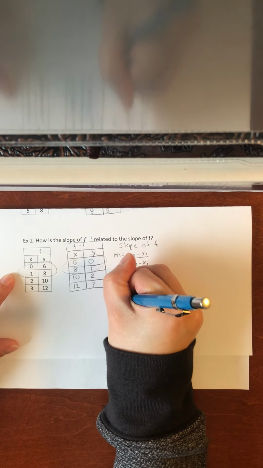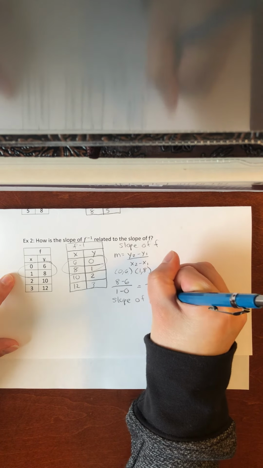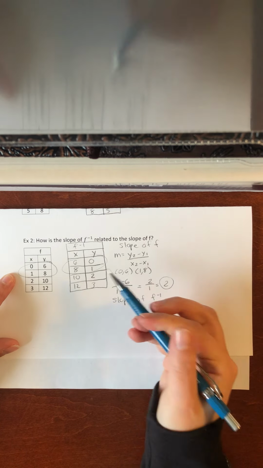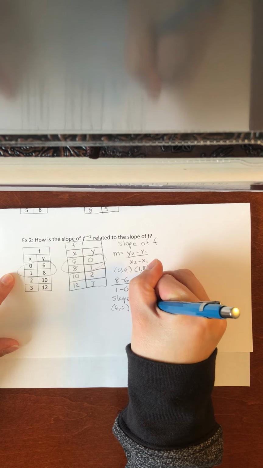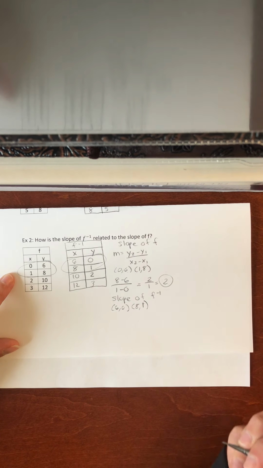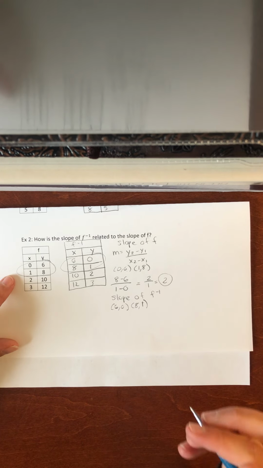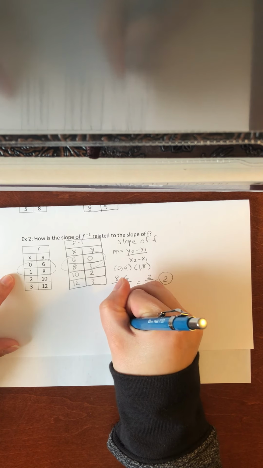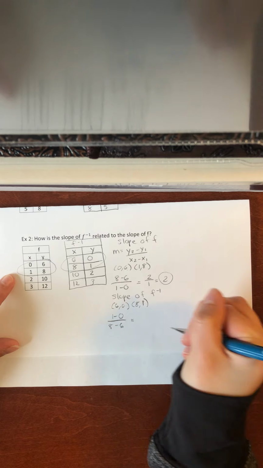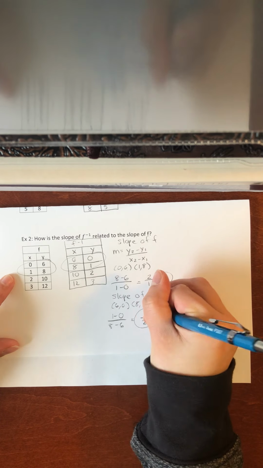Then if you want to do the slope of f inverse, I'm going to pick these 2 points, 6, 0, and 8, 1. I'm going to plug into the slope formula. So let's do 1 minus 0 over 8 minus 6, which is 1 over 2.